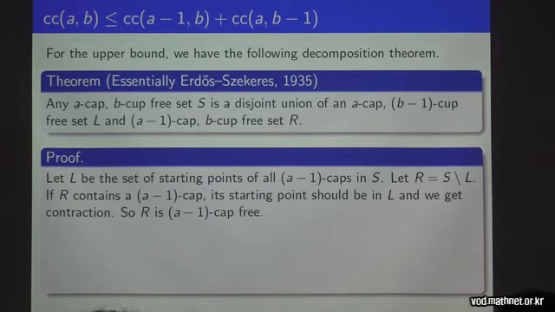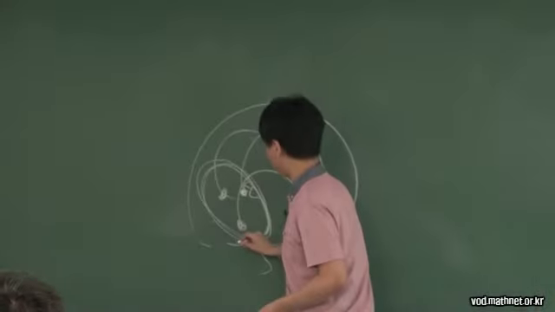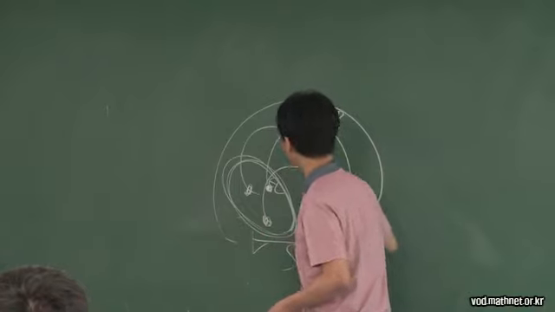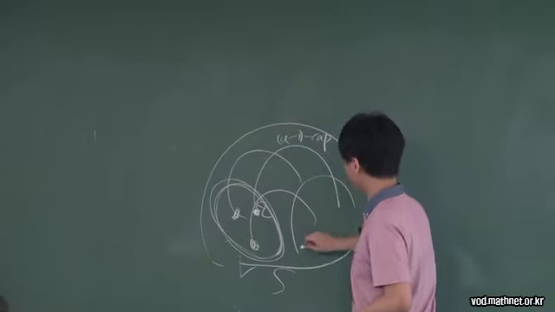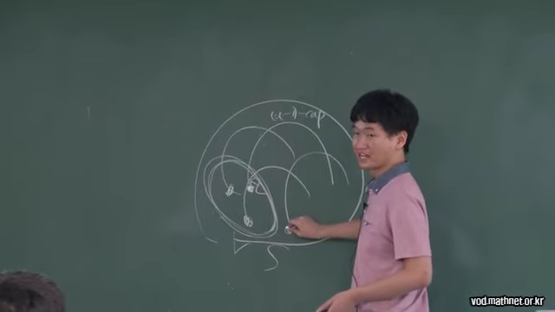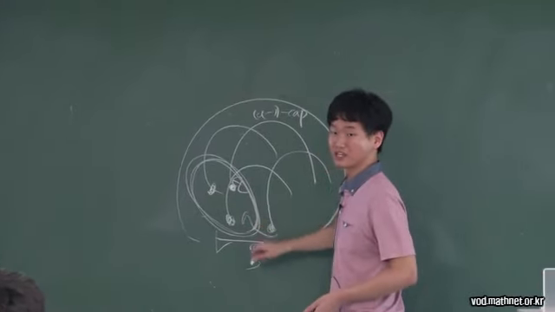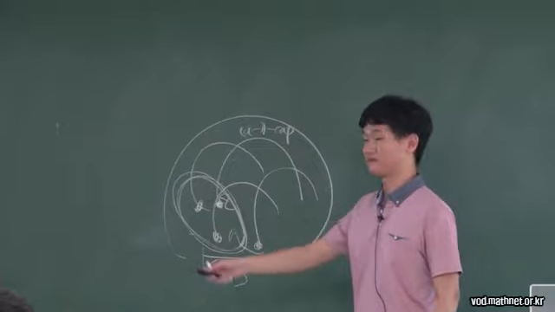If R contains an A minus 1 cap, so we exclude all the starting points of A minus 1 caps, and we define them to be L. Then if R contains an A minus 1 cap, then this very starting point of this cap should be in L. So we get a contradiction. So R is A minus 1 cap free.